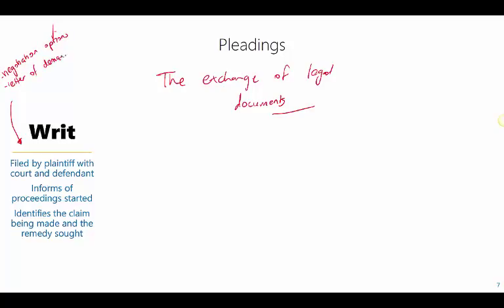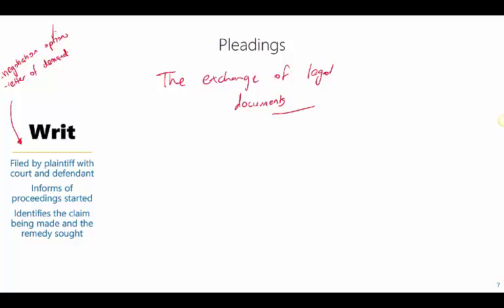For example, if you're going to sue someone for defamation, before you file a writ with the court and actually officially commence proceedings in the courts, you might get your lawyer to send them a letter that says, hey, we are going to start civil proceedings unless you take these actions. And you might refuse to, or they might refuse to, so you might file the writ anyway.